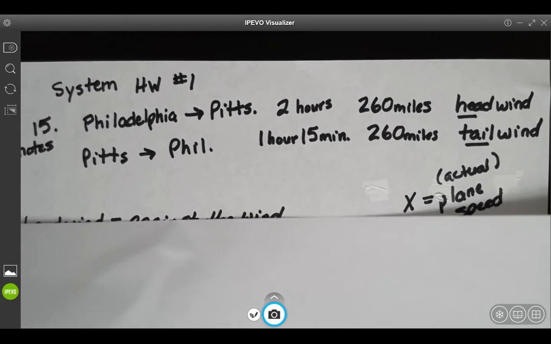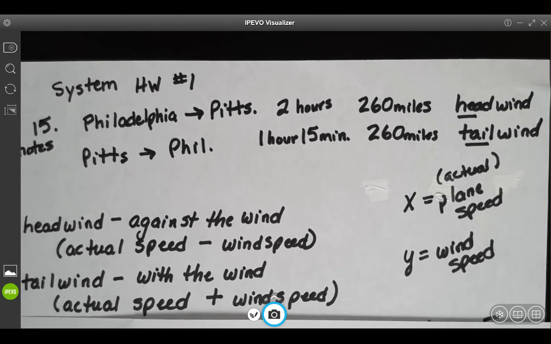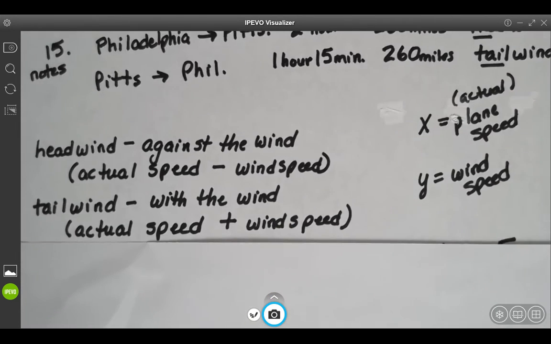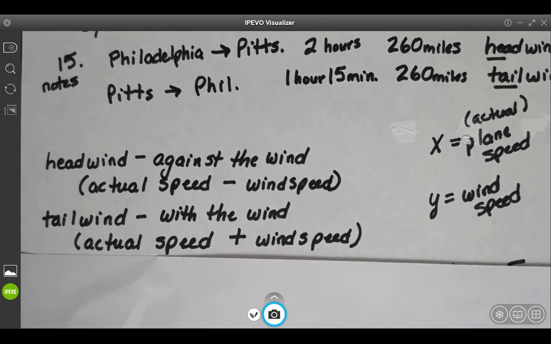A headwind means you're going against the wind. It's the actual speed the plane can go, minus the wind speed, so it's slowing it down. The tailwind is going with the wind. It's the actual plane speed plus the wind speed.